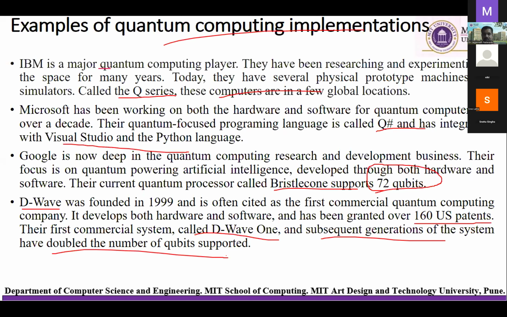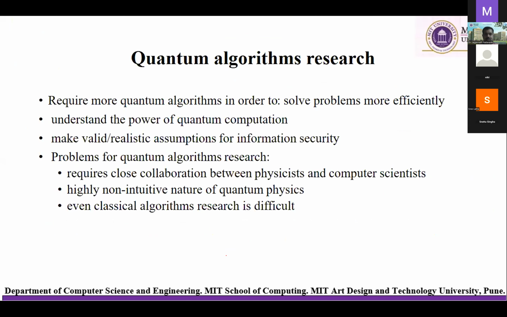So these are several examples of quantum computing implementations. Then in quantum computing research, there are more algorithms. Just now, if you have seen in this presentation, several algorithms were given, and these algorithms are used to solve one specific type of problem.